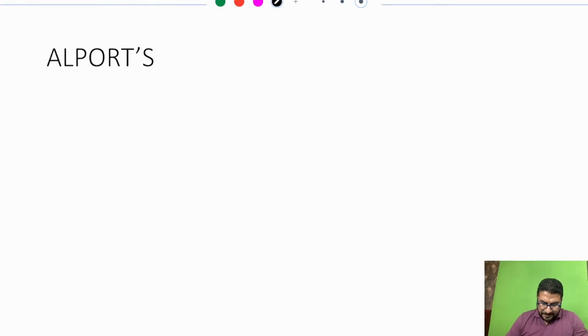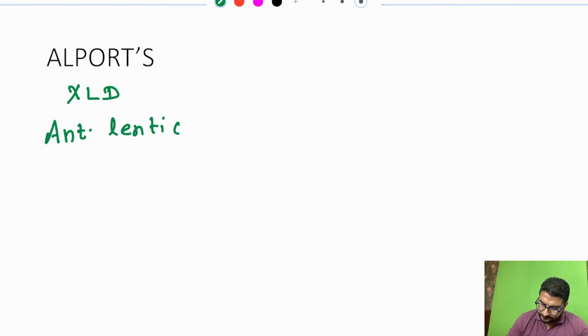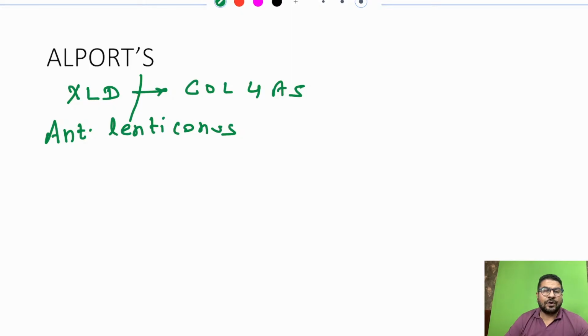Okay, moving to Alport syndrome. Understand, this is X-linked. X-linked recessive होता है और X-linked dominant. It is an X-linked dominant condition. Patient will have a triad: anterior lenticonus, then SNHL. This is due to mutation of a gene COL4A5, which means collagen 4A5 subunit.